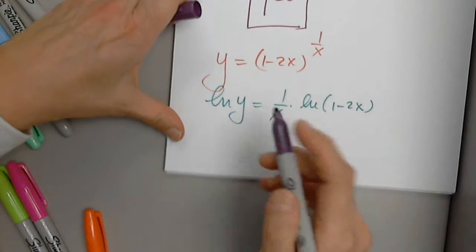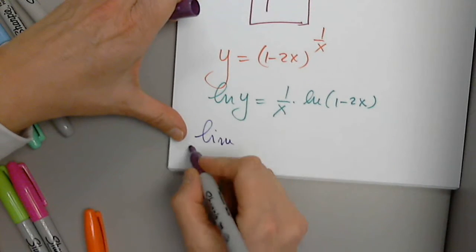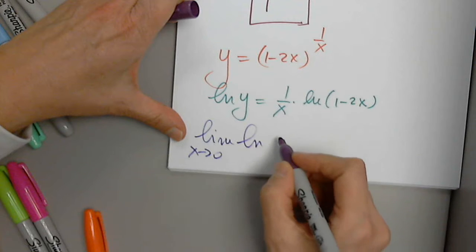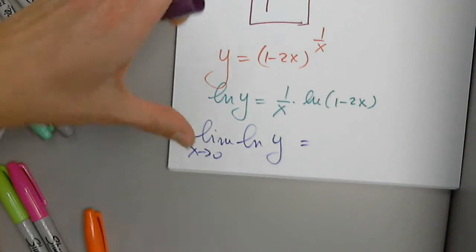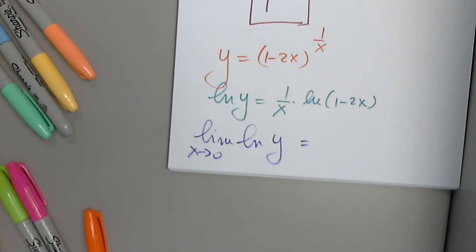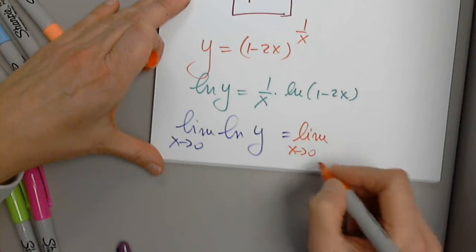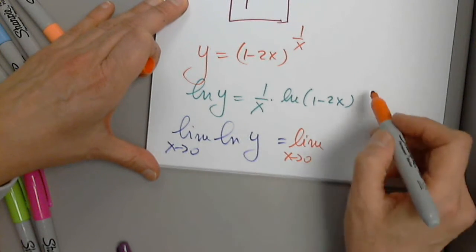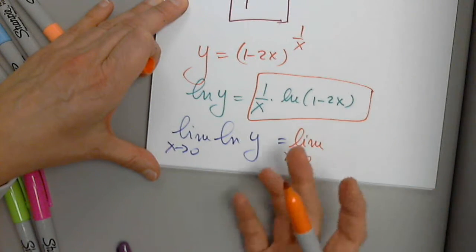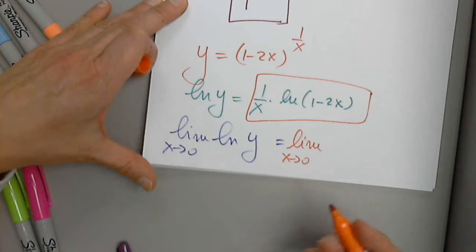So yes, we will determine the limit as x approaches 0 of the natural log of y. So I'm going to write limit as x approaches 0. Instead of natural log y, I'm going to write this, of course. It's the same thing as natural log y.